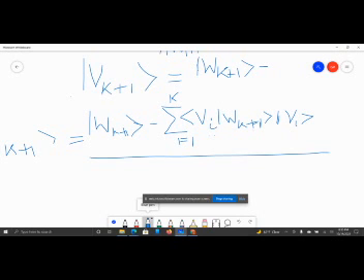For every vector in our new basis, we are taking the part of w k plus 1 that is in the same direction as v sub i, and we're removing it from w k plus 1. So by doing this, at the end of the process, we receive a new vector that is orthogonal to all the vectors that came before it.